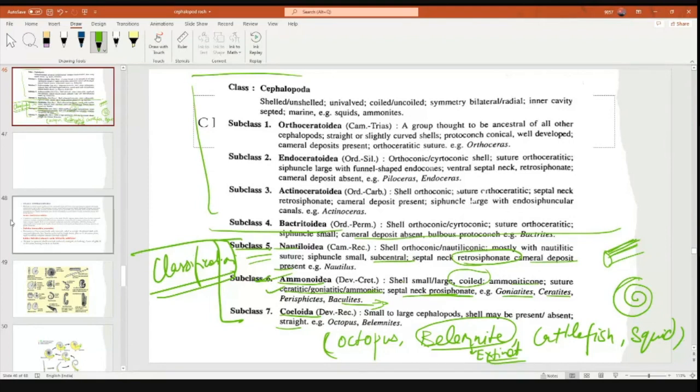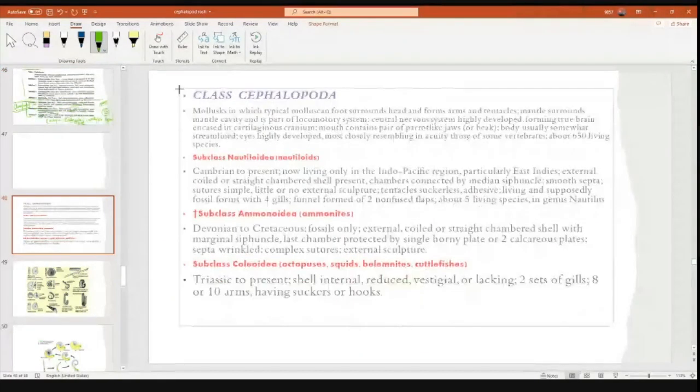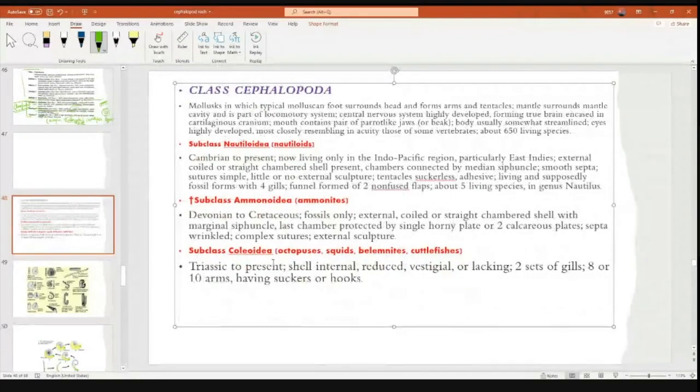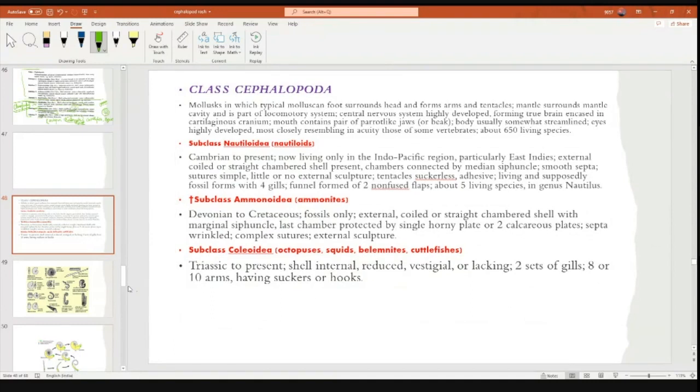This is the same thing but quite deeper, many more things are added. Let me tell you: Coeloidea includes octopus, squid, belemnites, cuttlefish, same thing.